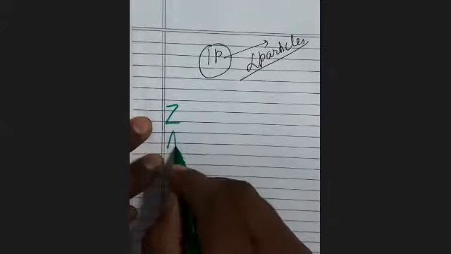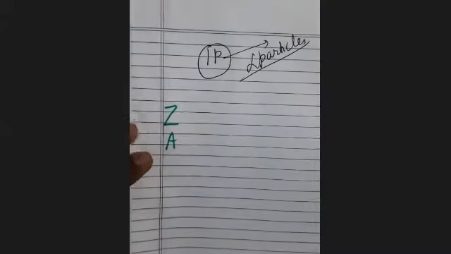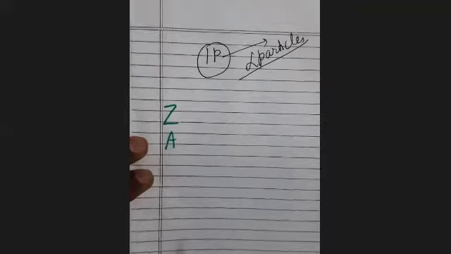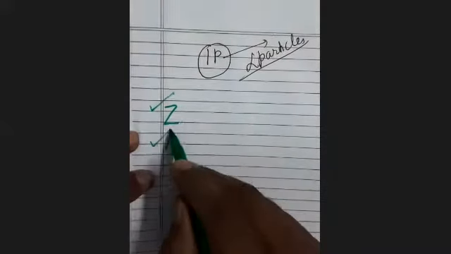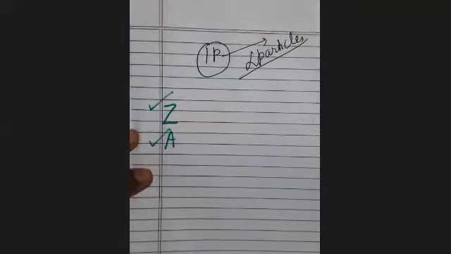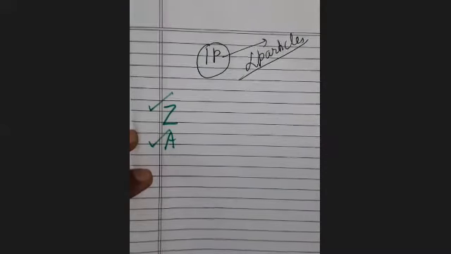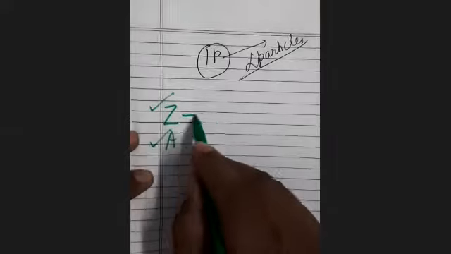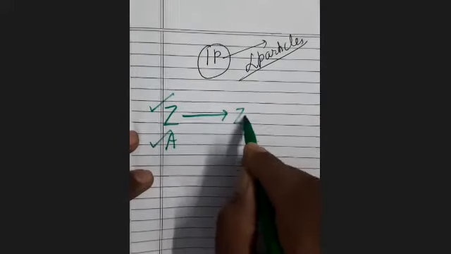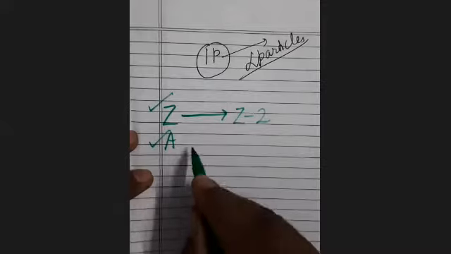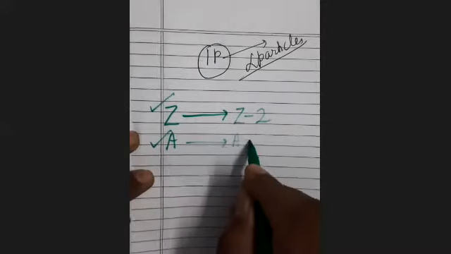Atomic number is denoted by Z and mass number is denoted by A. What will happen to Z or A when a radioactive nucleus emits an alpha particle? When an alpha particle is emitted, atomic number is decreased by 2 and mass number is decreased by 4.